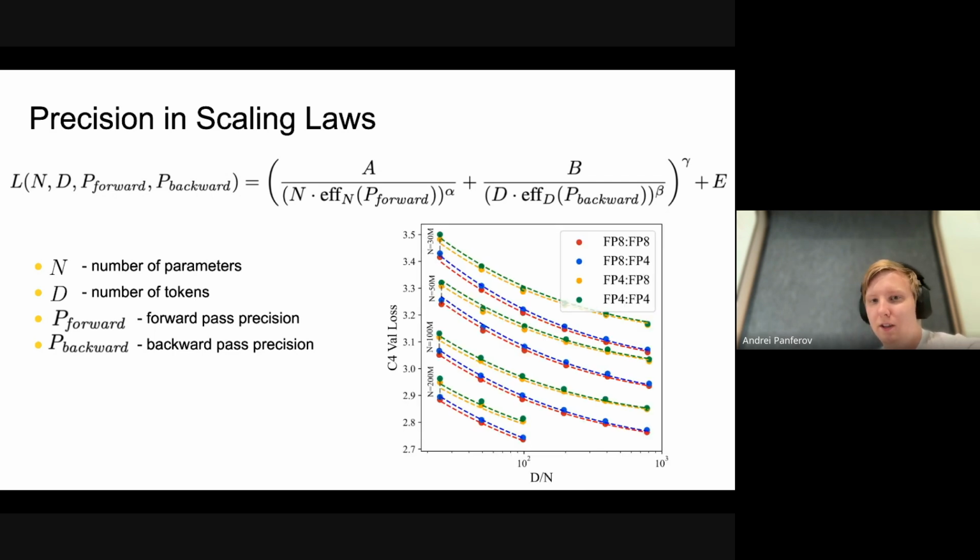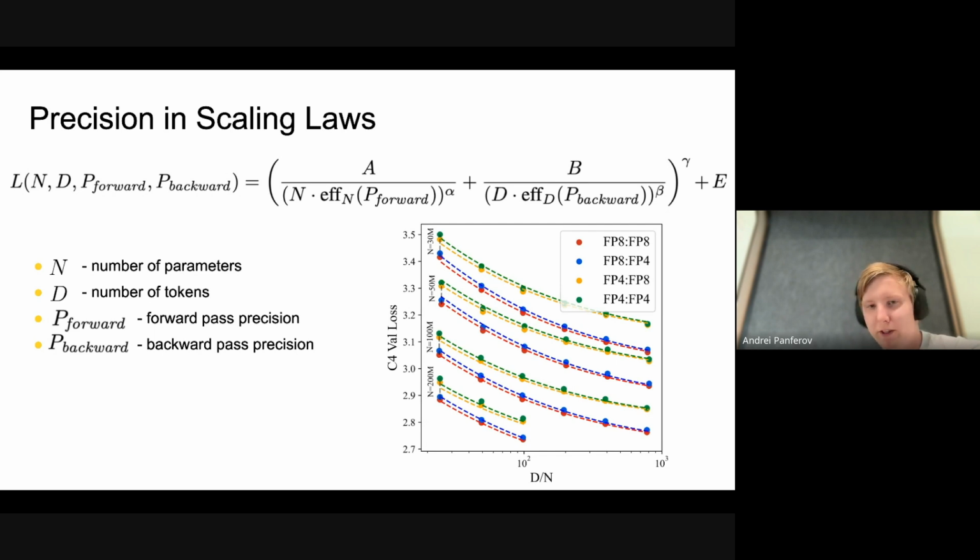worse. And to use this scaling law, we first have to fit it, and fitting the parameters A, B, alpha, beta, gamma, E, and the efficiency factors for a number of Llama family models from 30 million parameters to 200 million parameters, trained with different amounts of data in a range from 25 to 800 tokens per parameter.